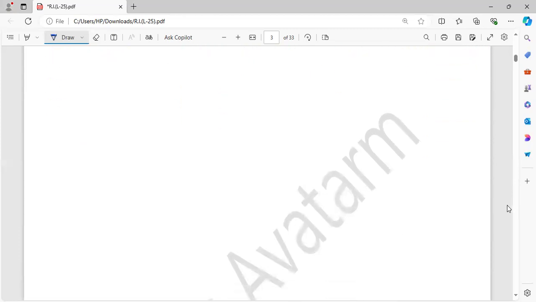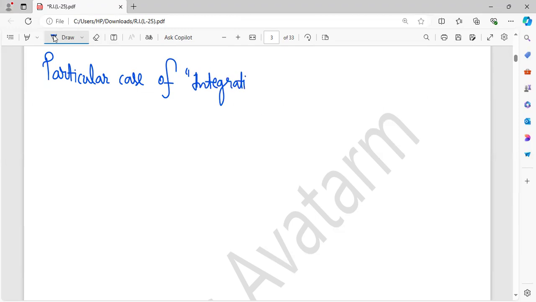Now we are writing a particular case of the integration by parts formula.